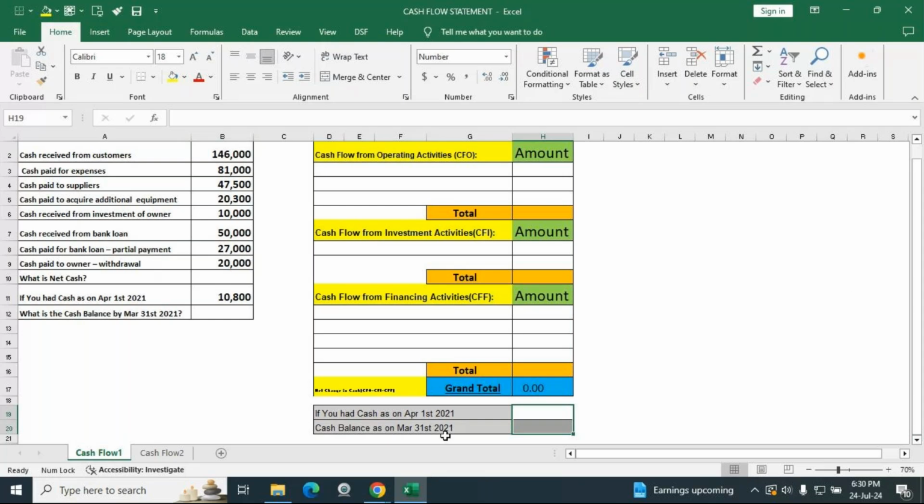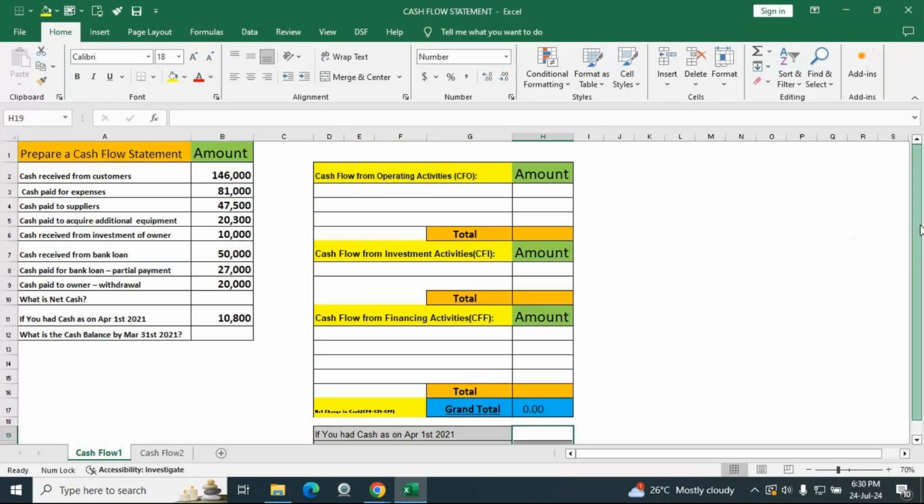Yes, ma'am. At the beginning, whatever amount I have, and in the end, whatever is left with me after everything. So in the operating activity we don't have to add it; we have to add it in the last. Yes. So here I need to put the total operating activity.